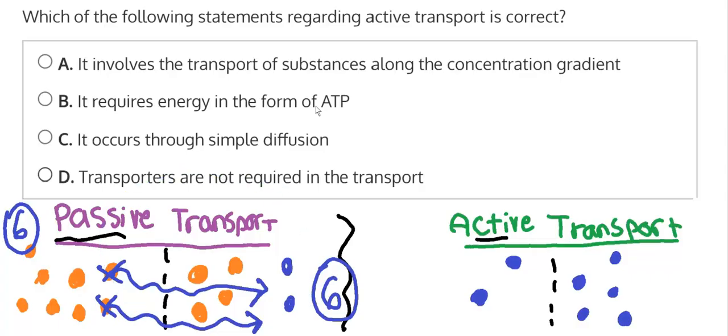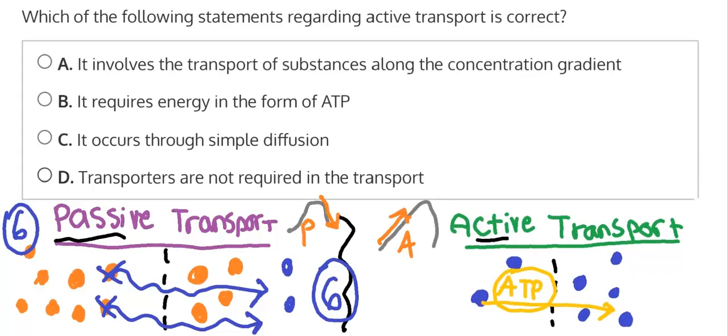But now we're looking at active transport. If you did want this molecule to get inside, it can't just easily go across the membrane as we saw with passive transport. You would need something extra to do so, which would be energy in the form of ATP to move it across. Additionally, you also need a transporter, which acts as a vehicle to go along with the ATP for the active transport, and this works in the form of a carbohydrate or a protein.